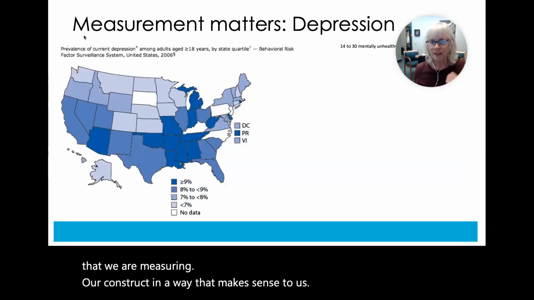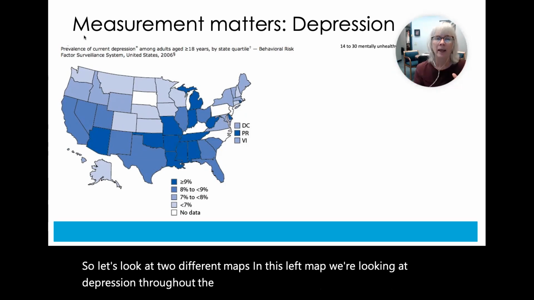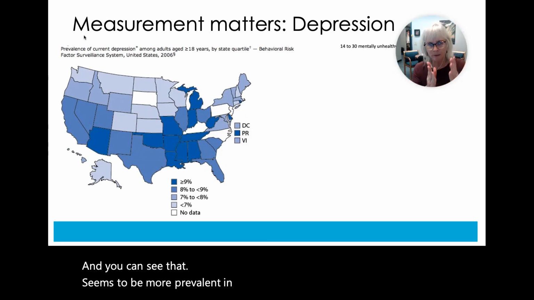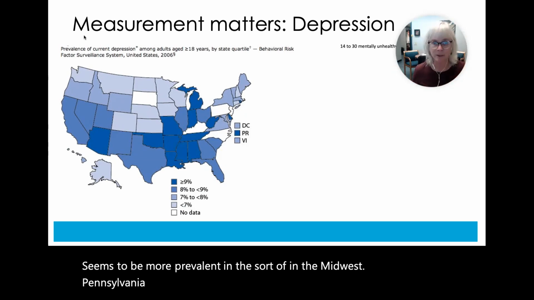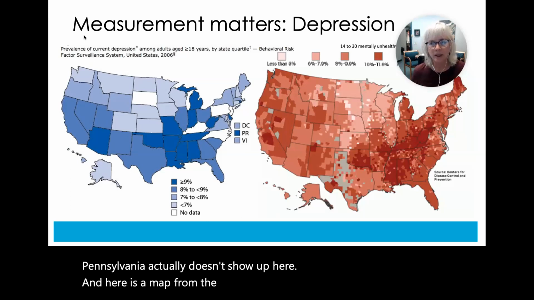So let's look at two different maps. In this left map, we're looking at depression throughout the country. And you can see that depression seems to be more prevalent in the Midwest. Pennsylvania actually doesn't show up here. And here is a map from the CDC looking at depression.